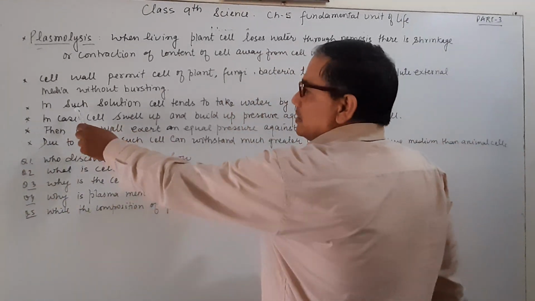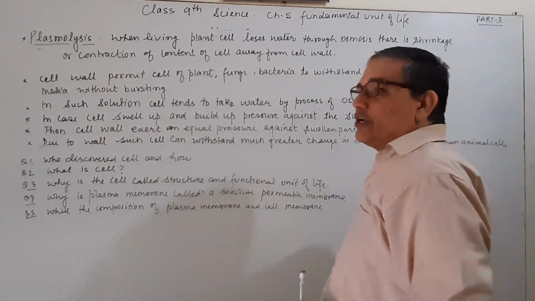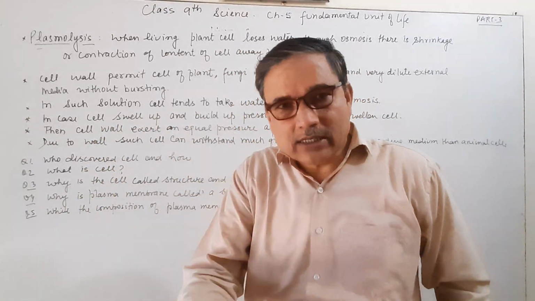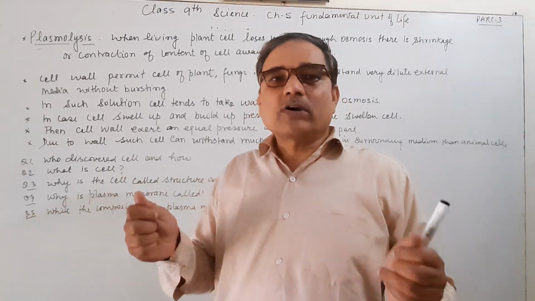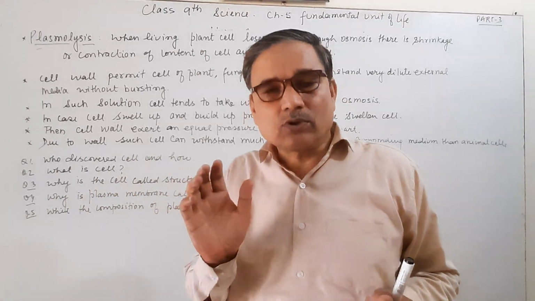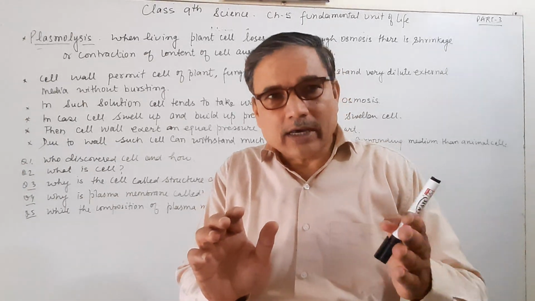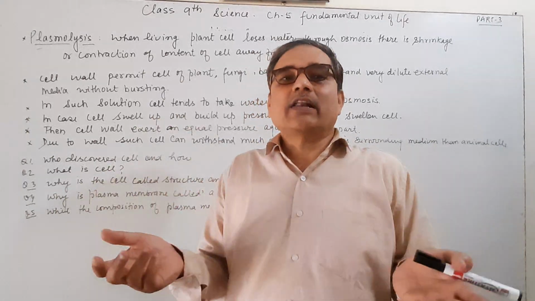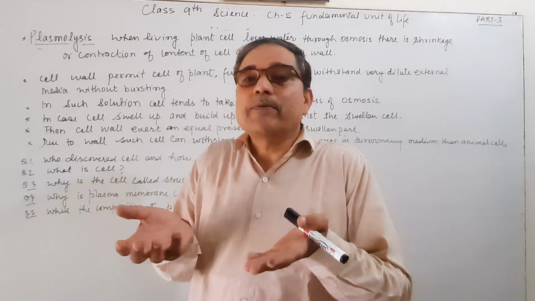How? In such a solution, the cell tends to take water by osmosis. When we put a cell in a dilute solution, the cell contents gain water and swell up, and then exert pressure on the wall of the cell, and the cell wall also exerts equal pressure against the swollen contents, due to which the cell withstands high pressure.